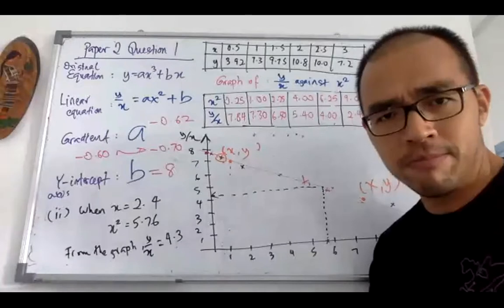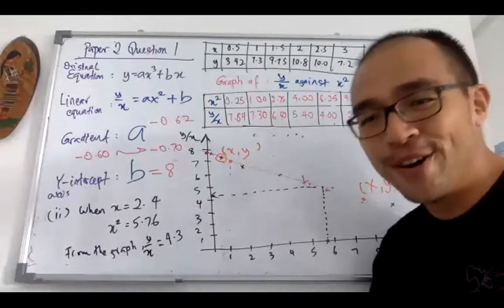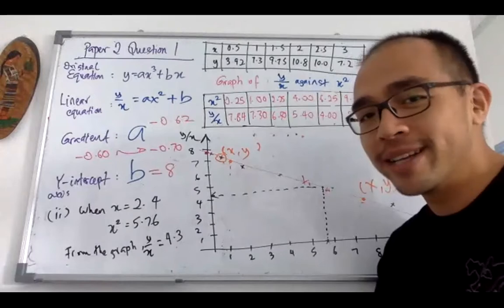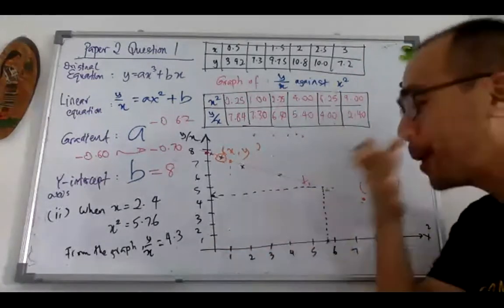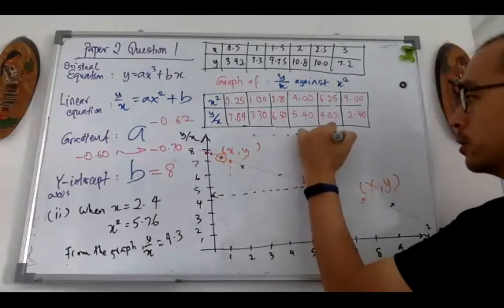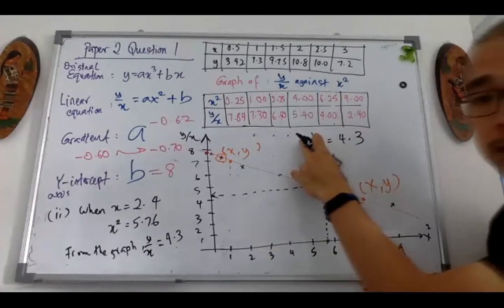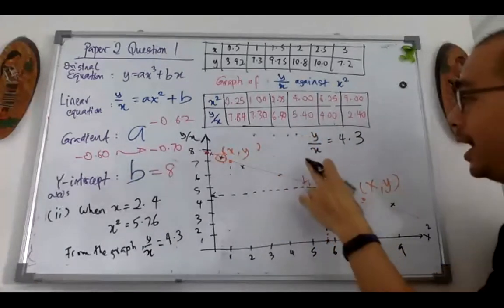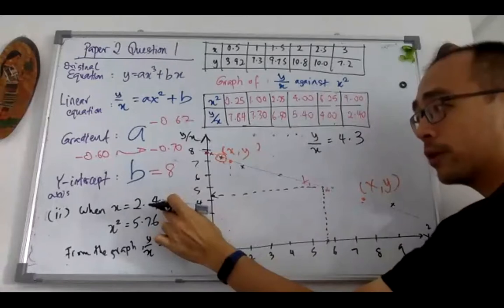4.28 is not possible. You probably get 4.28, it's too much lah. How do you get 4.28? Okay, so 4.3. So when y over x equals 4.3, I need to find the value of y. Which means I have to substitute the value of x again. And x is 2.4.